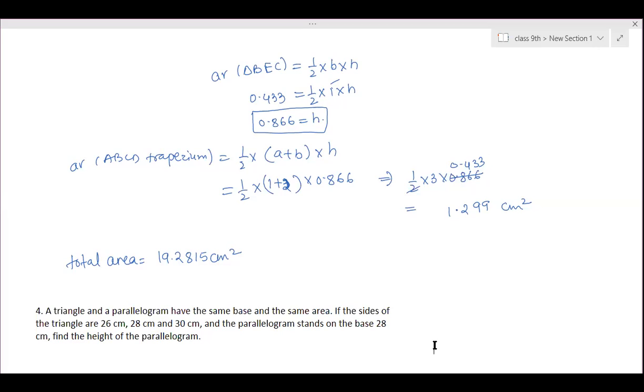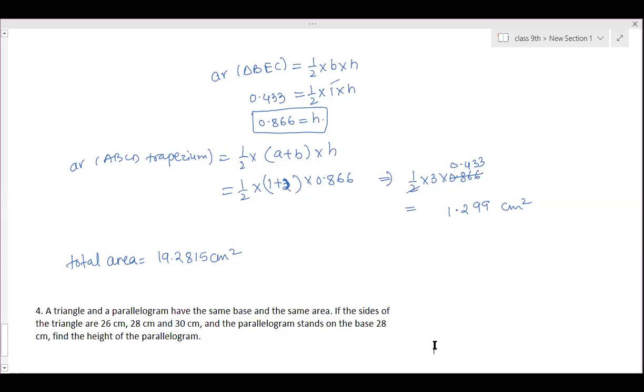They have told only that the base is the same.